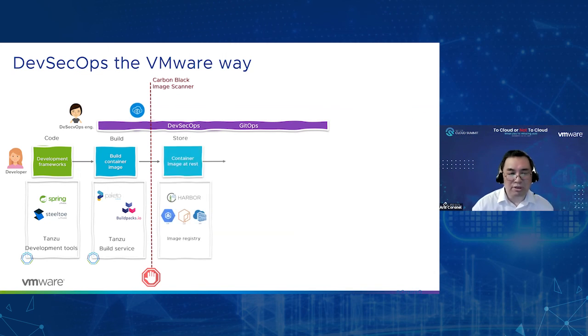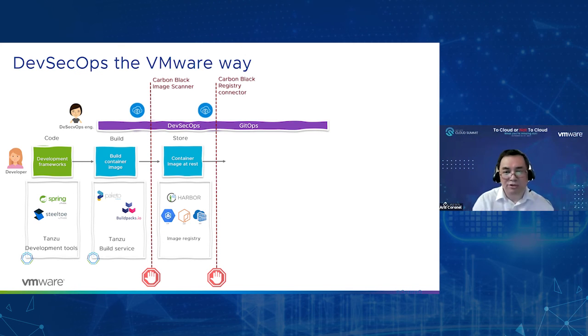Then when you're pushing that out into your registry, and that registry has different images, here we have the Carbon Black registry connector that will allow you to scan all the images in the registry, which also integrates with the Tanzu Application Catalog, a curated catalog of applications that you can use to build your applications.